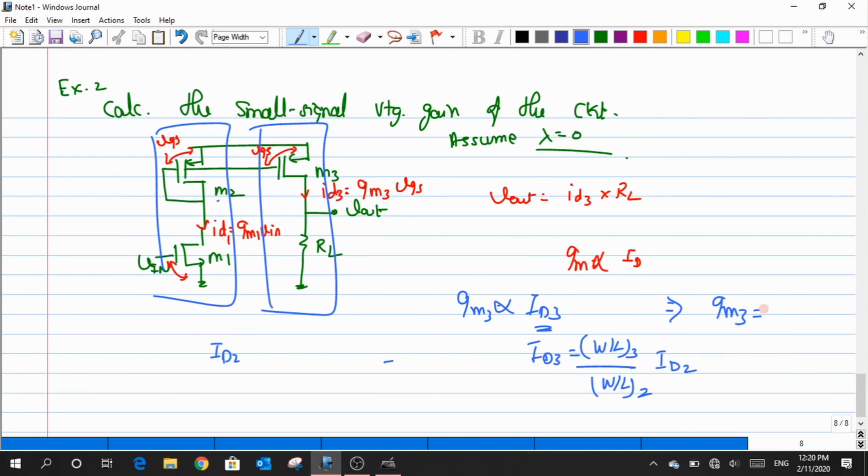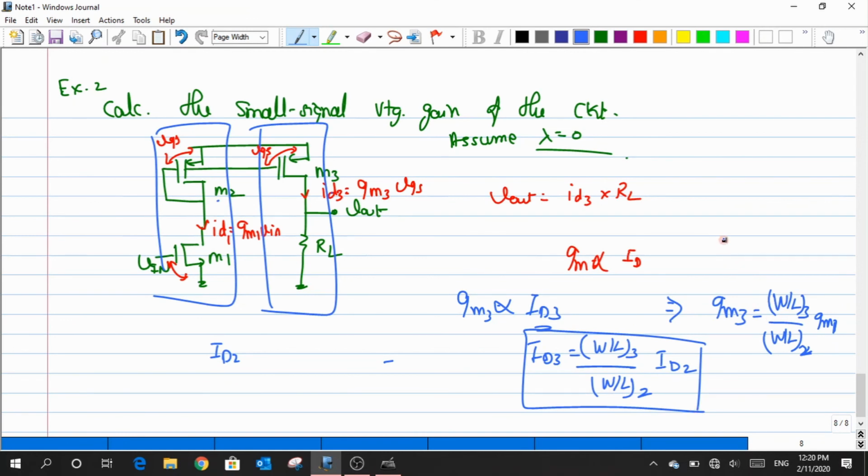Am I right? Any doubt in this? So this is Gm1, and there is a factor that sits here, which comes from this particular expression requirement.